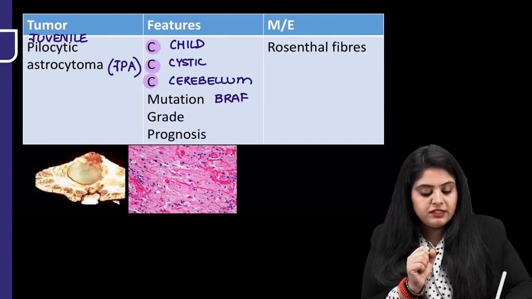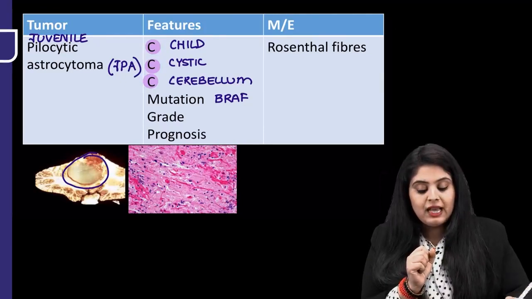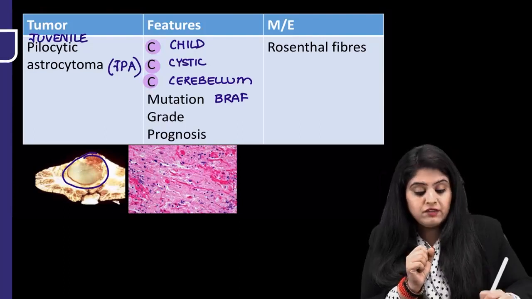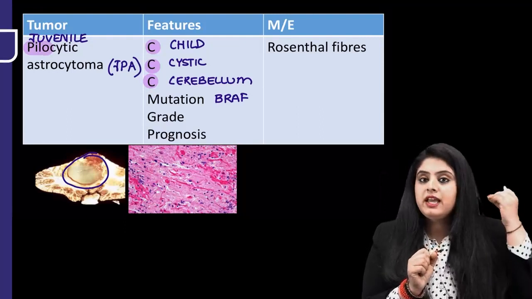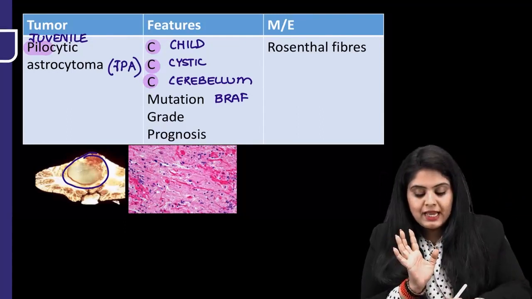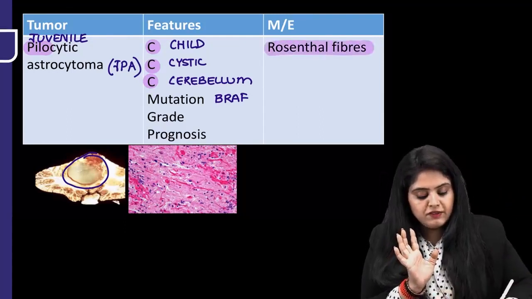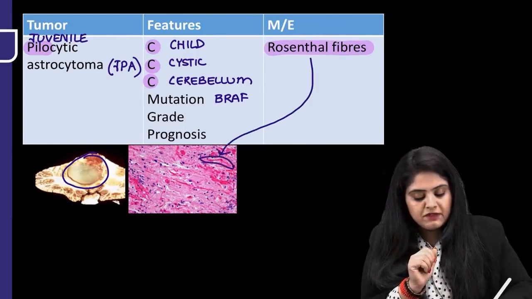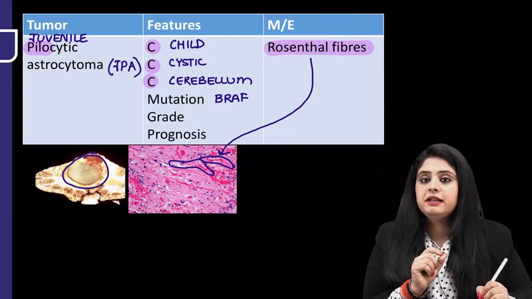Here you can see very beautifully there is a cystic lesion present in the cerebellum, and of course this is going to be showing you the very famous, how I have learnt it, pylo. Pylo means hair, so something hairy-like, and that hairy-like is Rosenthal fiber. So what you can see over here in this picture are the very famous Rosenthal fibers.